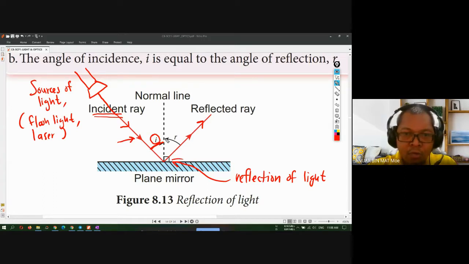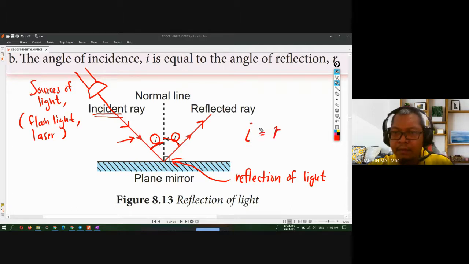And then where is the angle of reflection? It is over here, and you must write r. But for plane mirror, very easy: i is equal to r.